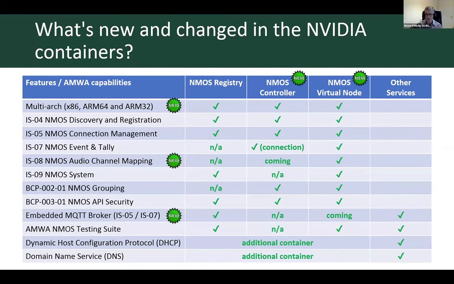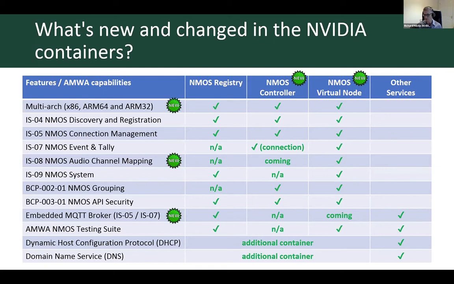And alongside that, if you look at all of the different AMWA specifications and capabilities, we've also enhanced the containers so that we can cover much more of the specifications across the board. So we've added in multi-architecture, so you can run these things on a Raspberry Pi, for example.